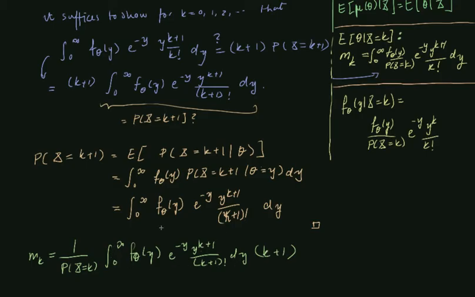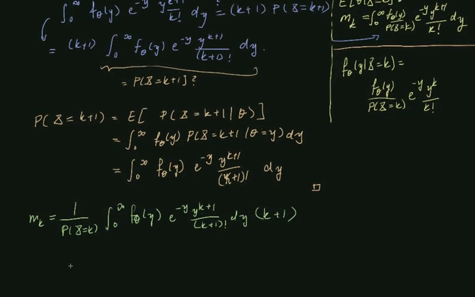I just established that this integral is equal to the probability that x is equal to k plus 1. So this is k plus 1 multiplied by the probability that x is equal to k plus 1 divided by the probability that x is equal to k. And hence the Bayes estimator of x given theta in this case does not at all depend on theta.